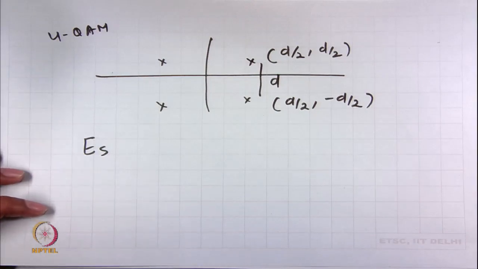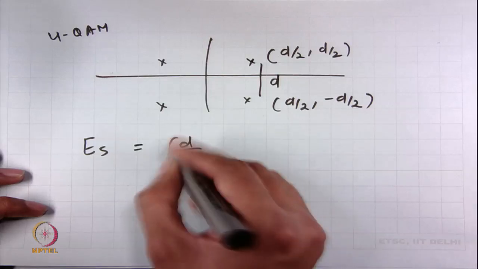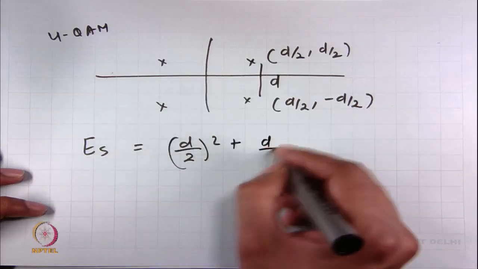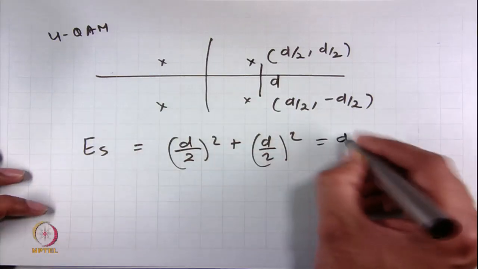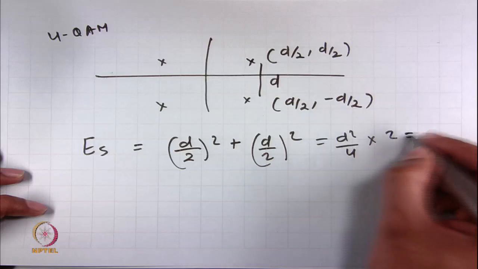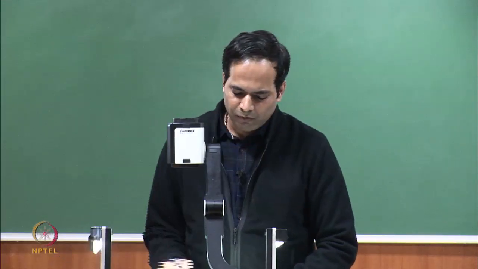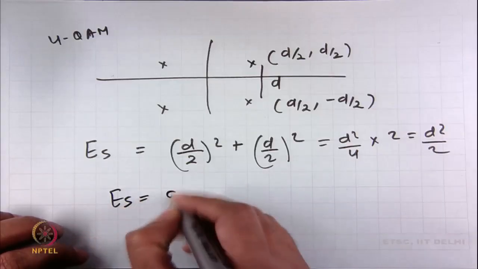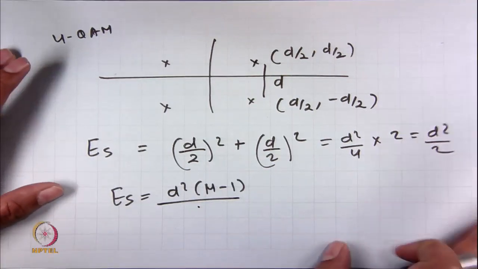It is a square grid constellation where M is 4. So, energy of one symbol is d by 2 square plus d by 2 square, which is d square by 4 times 2, d square by 2. So, you can quickly estimate the energy in the QAM systems, and if I use the formula which we derived, which is d square times M minus 1 by, what was it, 6.